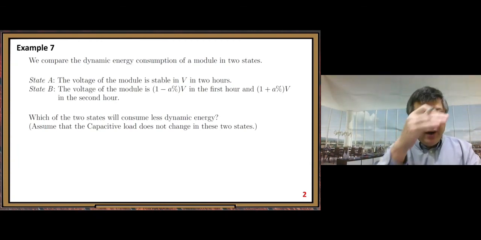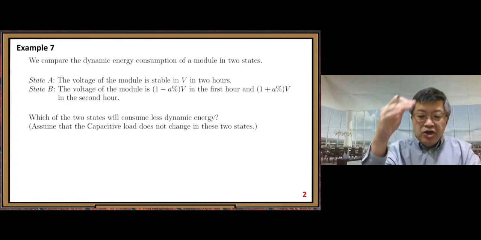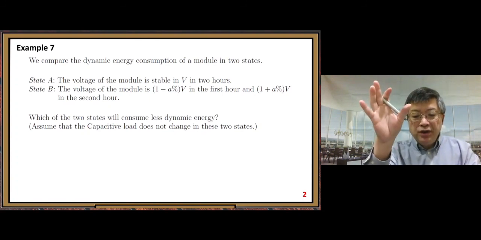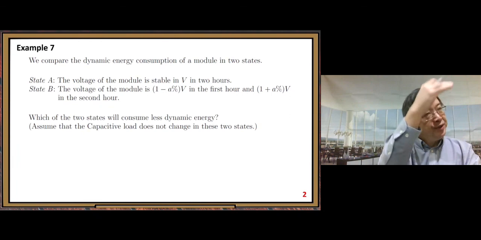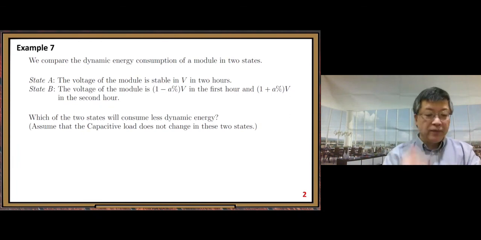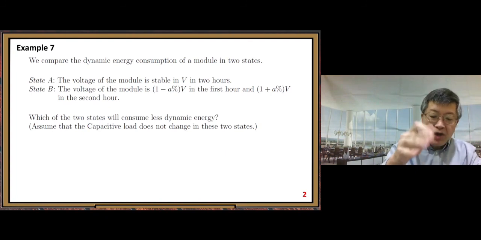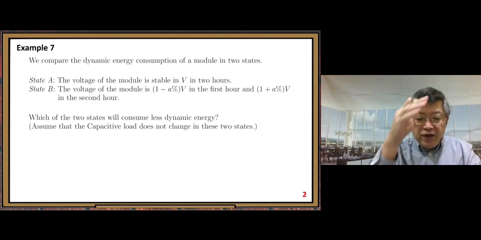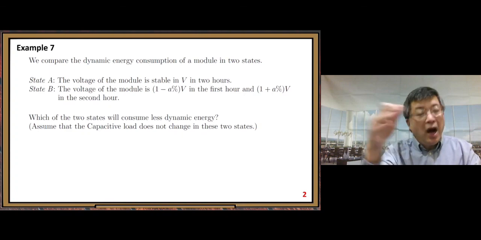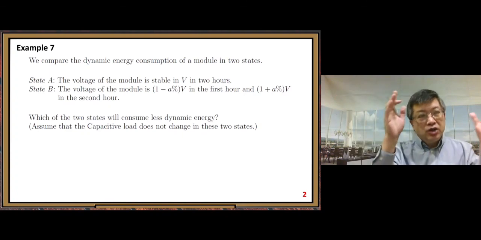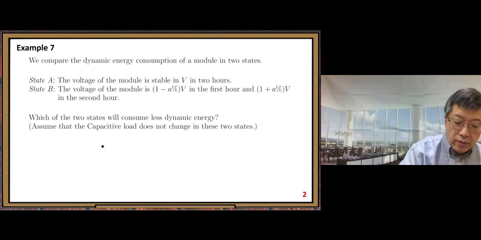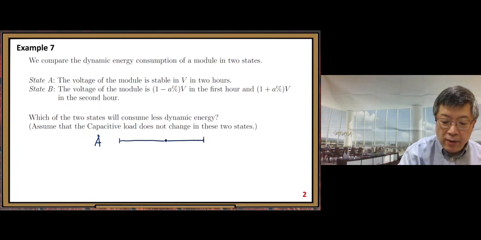We compare the dynamic energy consumption of a module in two different states, state A and state B. For state A, the voltage of the module is stable at V in 2 hours. We measure these two different states in the same period of time.